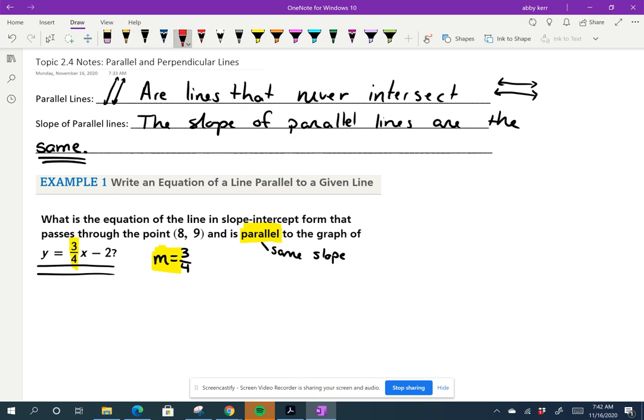Now the next part, it gives you a point. Remember from the previous topic, a point is always x1 and then y1. We can plug that information into our point slope form.